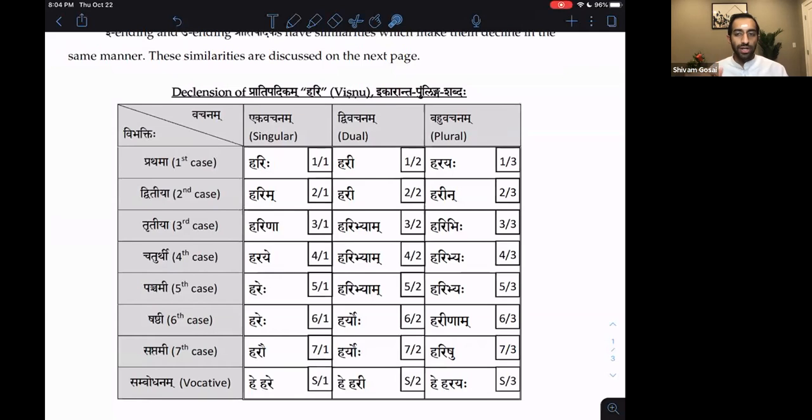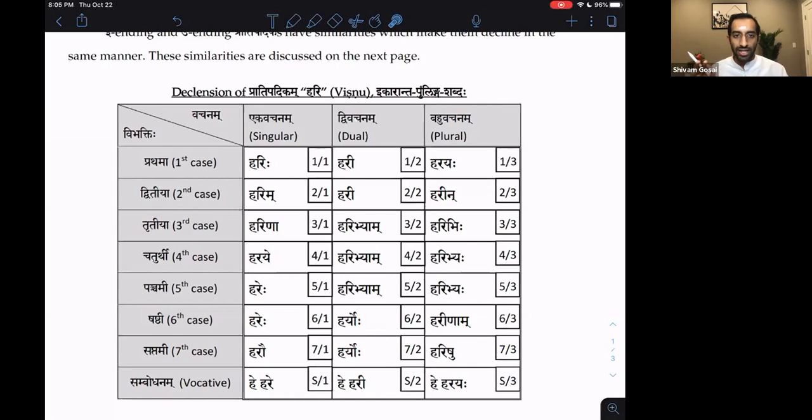What I would do for homework is, if you have a smartphone or a tablet or a computer, record your voice. For example, if you have Voice Memos on the iPhone, you can record yourself saying this chart.